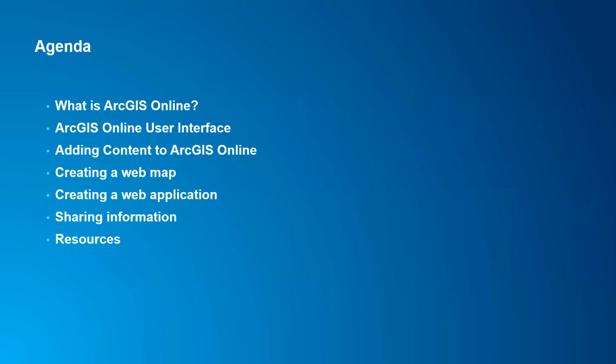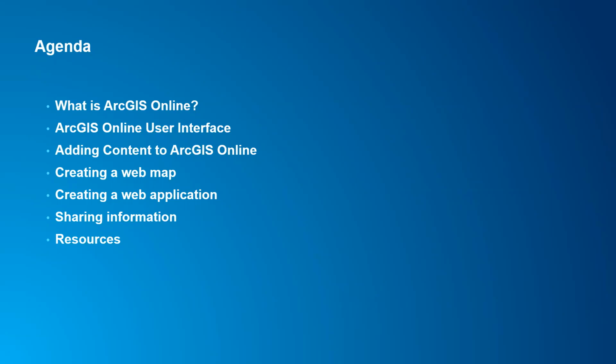So in this workshop, we will cover the following topics. First, we will look at what is ArcGIS Online. Then we will explore the ArcGIS Online user interface. Next, we will look at how to bring data into ArcGIS Online and make a web map using that data. Then we will create a web application using that data and web map.